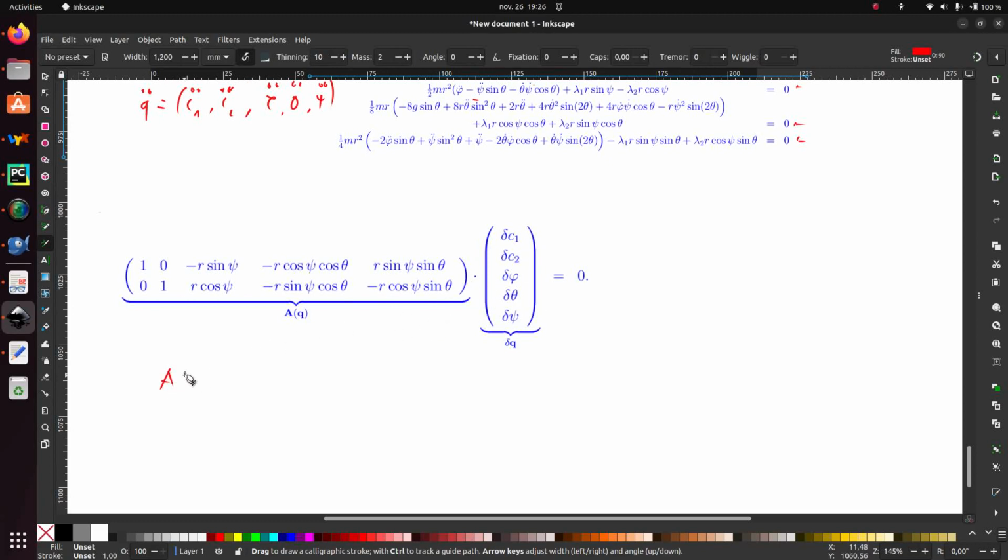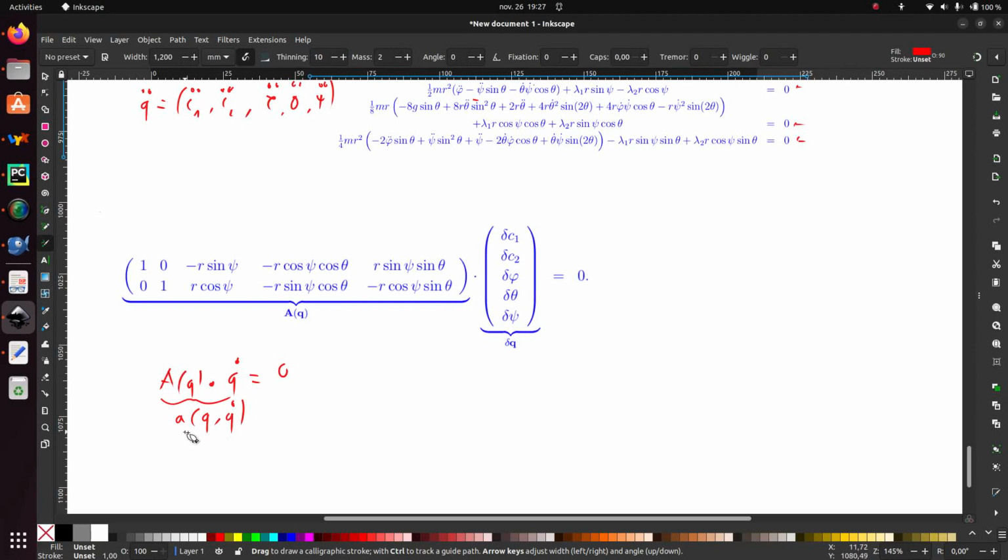So I had A of q, times q dot, so I replace here the delta q by q dot, and it should be equal to 0. So this one, I will call it, for simplicity, a small a of q, q dot. Okay. And I need to add 2 equations in order to have 7 equations for 7 variables. So I need 2 more equations.